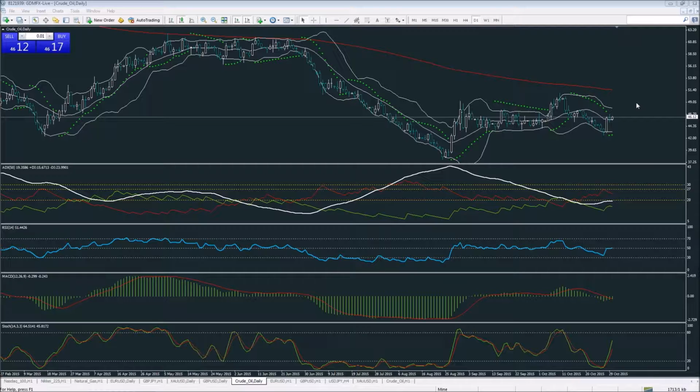To be safe against these fluctuations, many businesses take advantage of the futures market to hedge themselves against the movement in the price of oil.